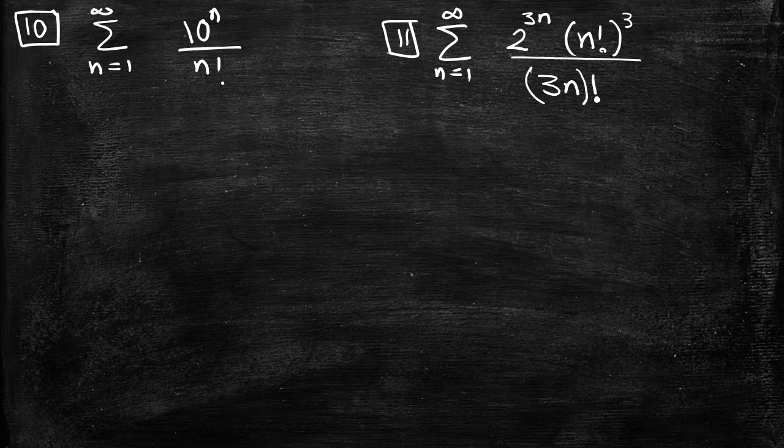Okay, number 10. We have the sum from n equal to 1 up to infinity of 10 to the power n over n factorial. The factorial is here, so easily we can use the ratio test. The ratio is the limit as n approaches infinity of a(n+1), which is 10 to the power n plus 1 over n plus 1 factorial, divided by an, which means multiplied by the reciprocal of this one.